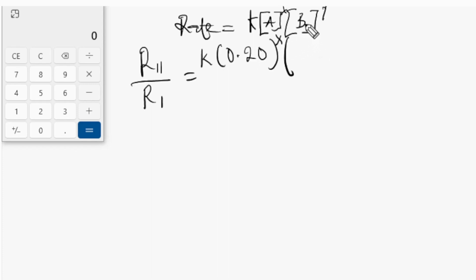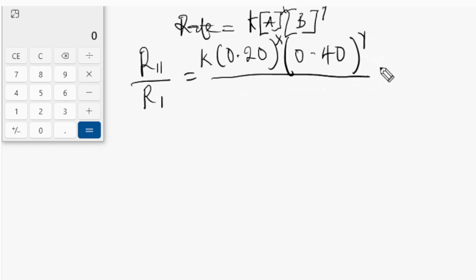So for concentration of B with respect to the second rate, it's going to be 0.40, so we're going to put it down, 0.40, to the power of Y.